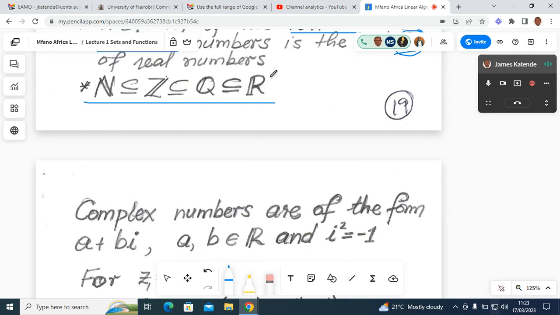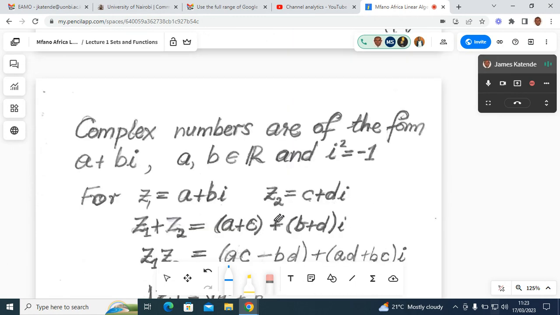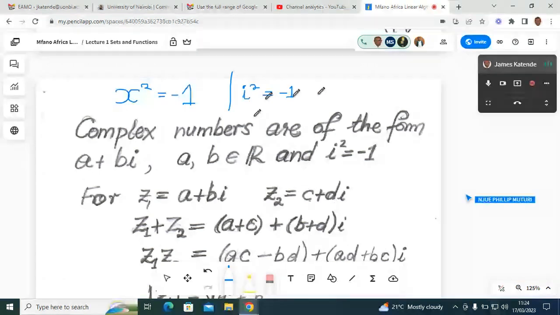So once you have this, you still have some problem if you want to get square roots. For instance, if I want to get square roots of negative numbers, I cannot do that. In other words, if I want to solve this problem, the real numbers cannot solve that problem for me. So to do that, we have to introduce a new number system, which makes the following assumption: we introduce some symbol i, and we say i is the square root of -1, or rather i squared gives us -1.